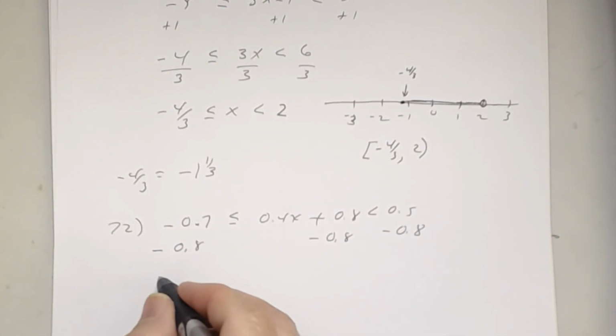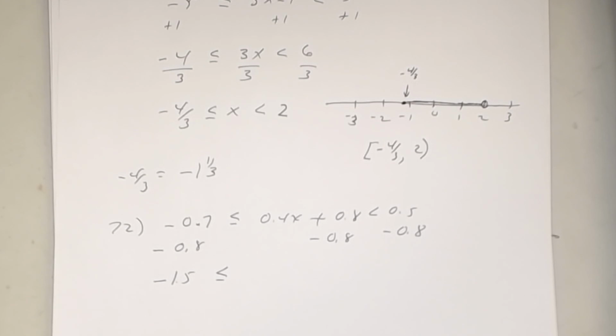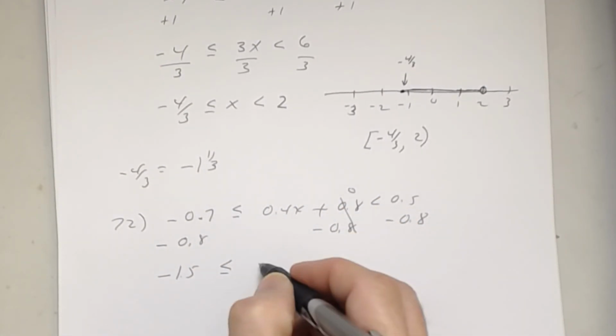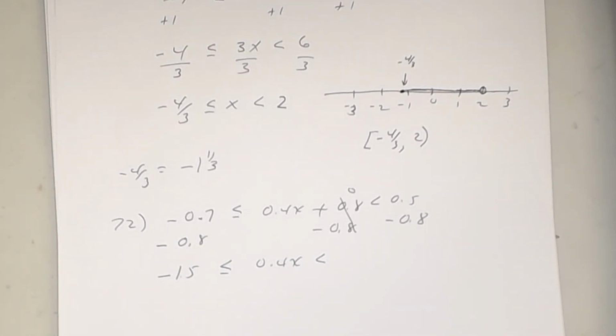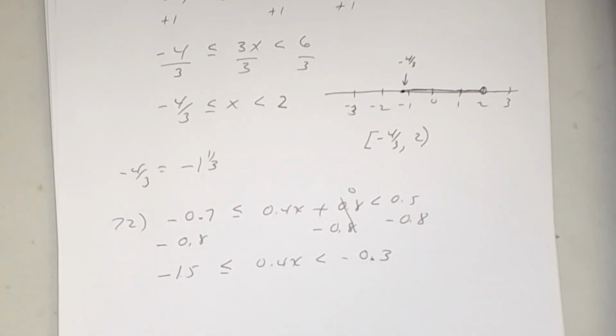Use your calculator if you don't remember that. These combine to get 0, so I'm left with 0.4x. It's less than, now, a positive 0.5 and a negative 0.8 is a negative 0.3. So that's negative 0.3.